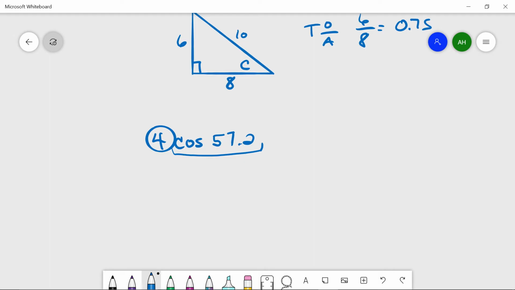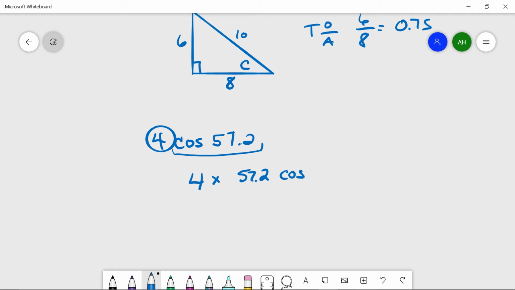Okay, so to find this value of 4 cosine 57.2, you can enter the 4 first or enter the cosine of 57.2 first, whichever way. They show in the book them doing the 4 times 57.2 and then hitting the cosine.